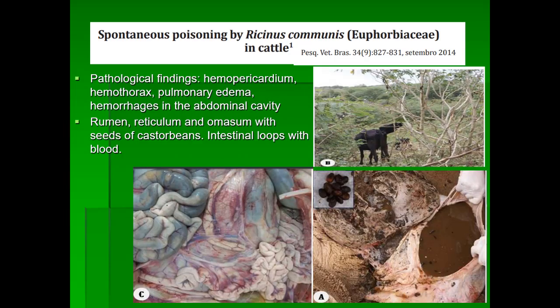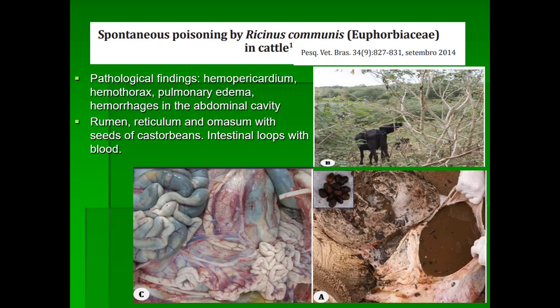On this slide, we see an animal taking down the shrubs and consuming those leaves and fruits. The figure on the lower right shows the contents of the abomasum that were basically nothing more than brown, blackish liquid with seeds of castor beans. They say that mucosa was bright red with swollen folds.